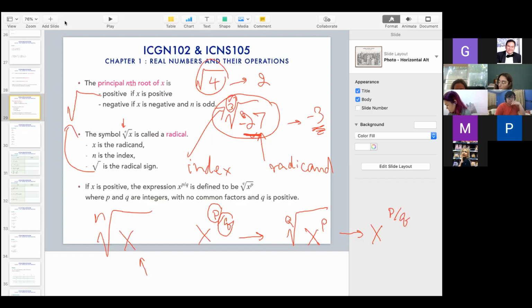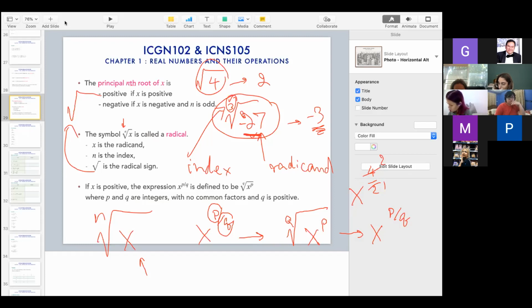What does no common factor mean? Say p is 4 and q is 2, so x to the power of 4 over 2. Here you have a common factor, so you can eliminate it, and it becomes x to the power of 2 instead.